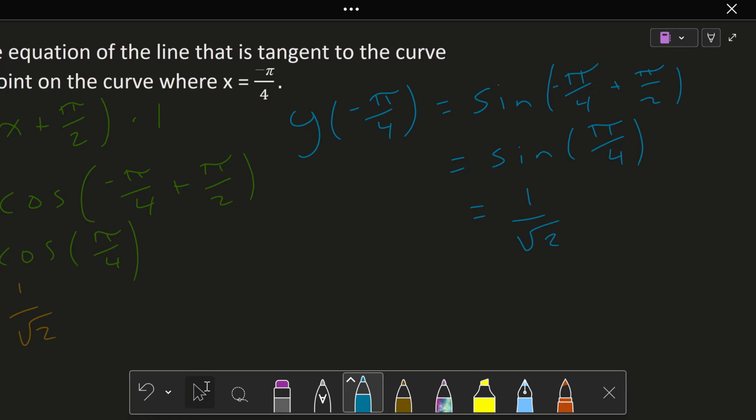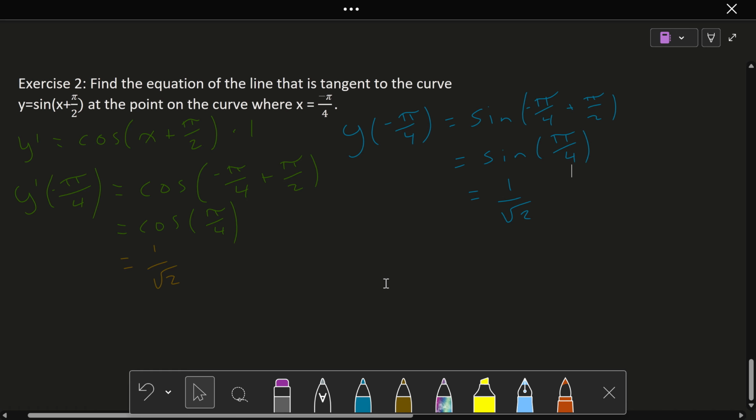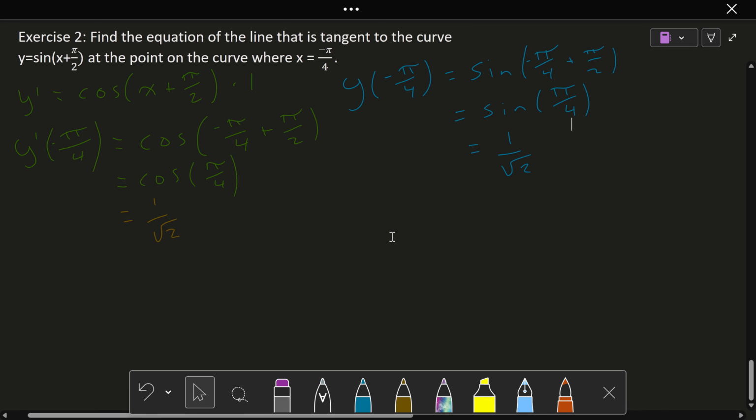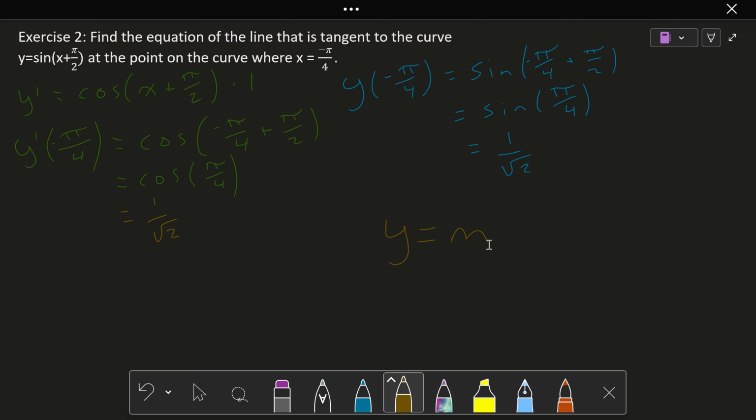So the last step I have is just to find my equation. I'm going to use my y equals mx plus b. And I have my y. I have my m.